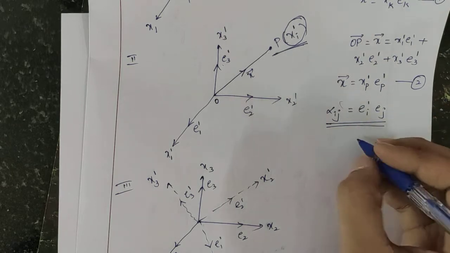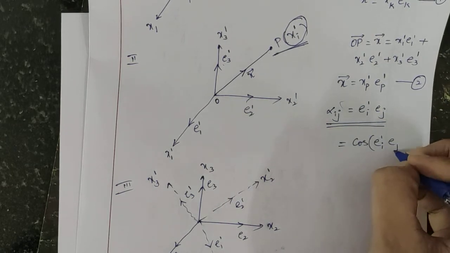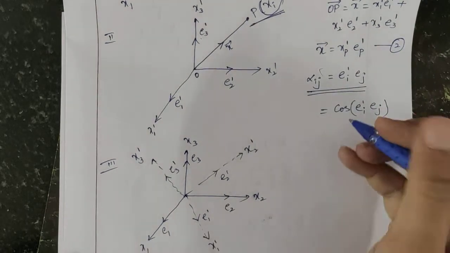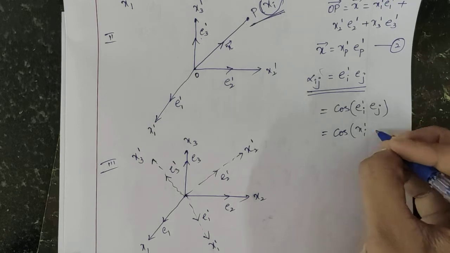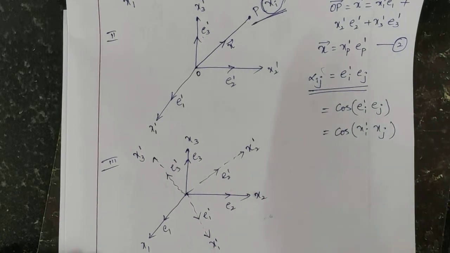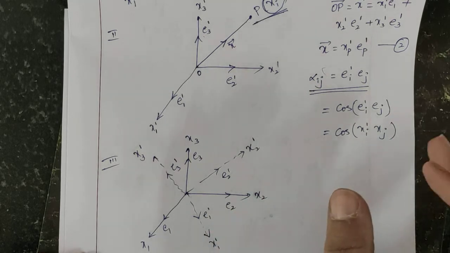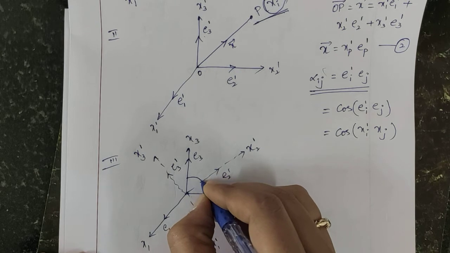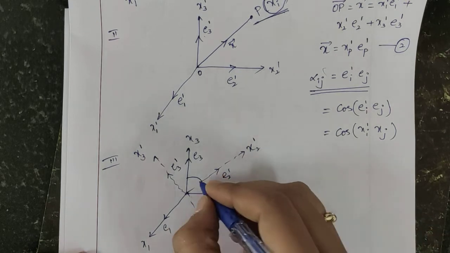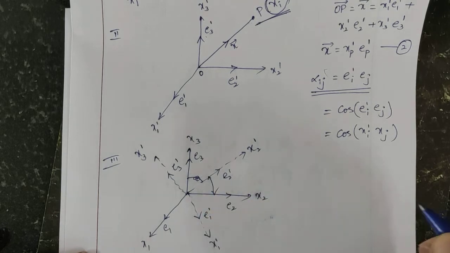So I will represent this as cos of ei prime ej, or we can write this as cos of xi prime xj. So here this is the direction cosine of the angle between xi prime and xj.